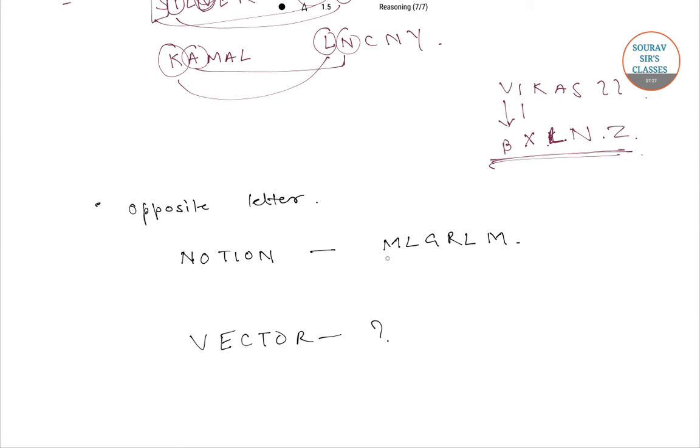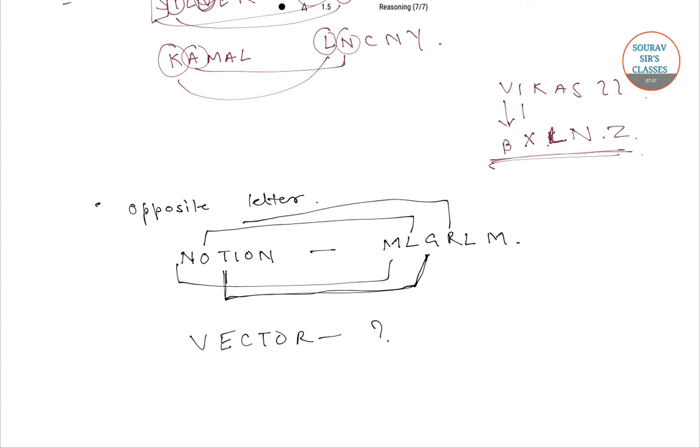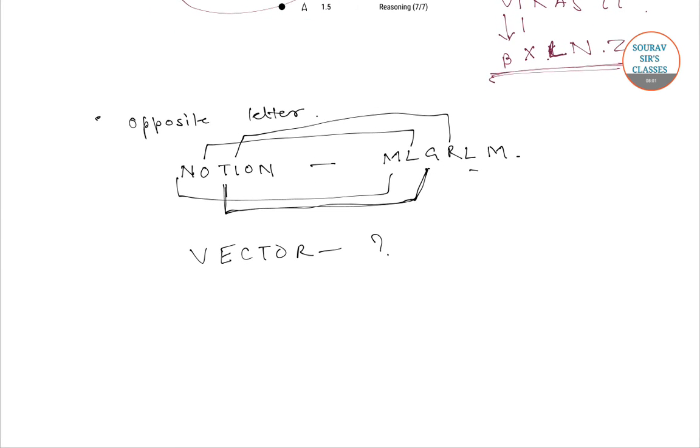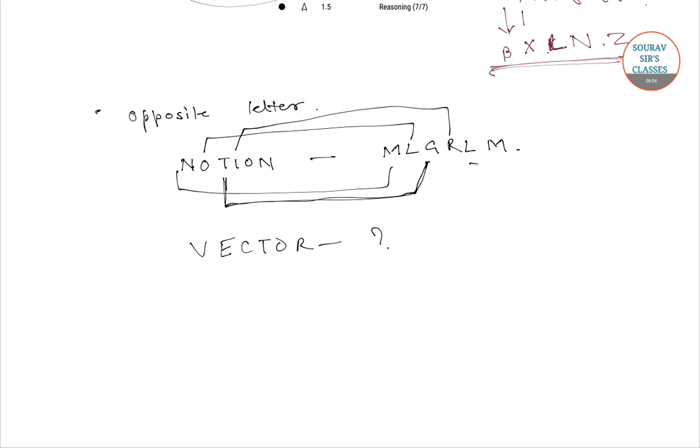Now we know that M is the opposite letter of N. L is the opposite letter of O. G is the opposite letter of T. Similarly, R is the opposite letter of I. And I've already said L is the opposite letter of O and M is the opposite letter of N. Now here we have to find the code of VECTOR.